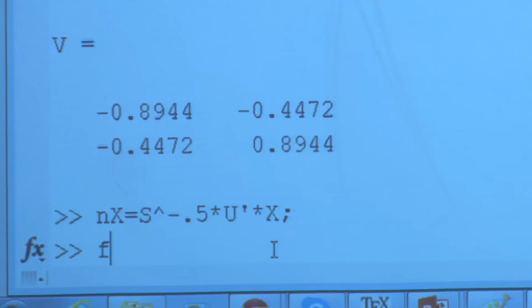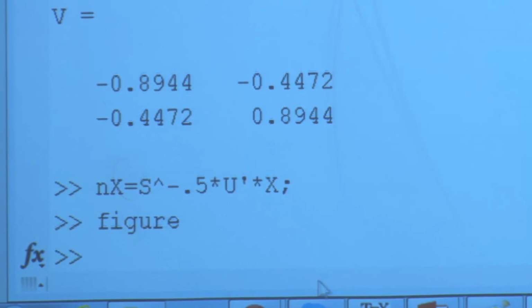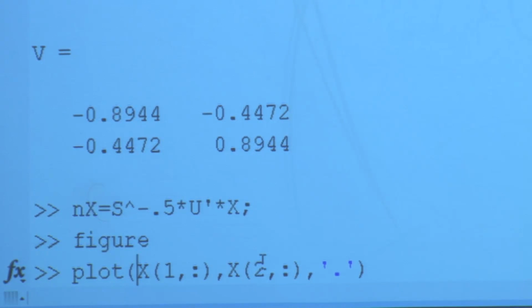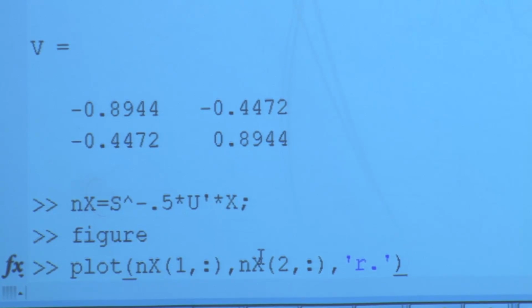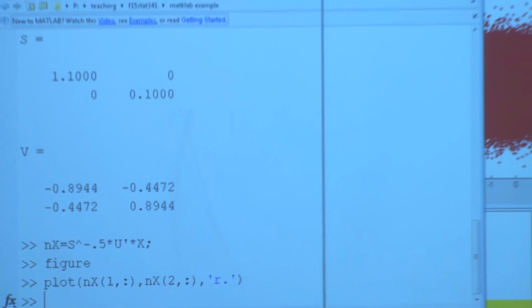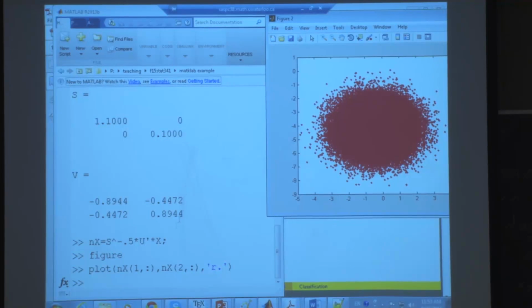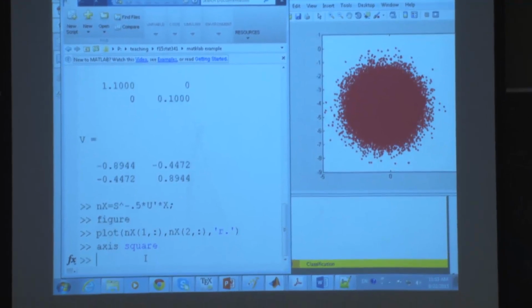Okay, now let's plot these nu x's. And let's do axis square.